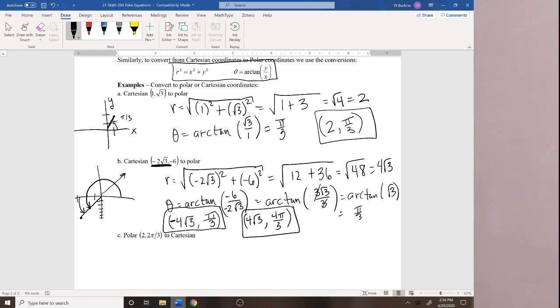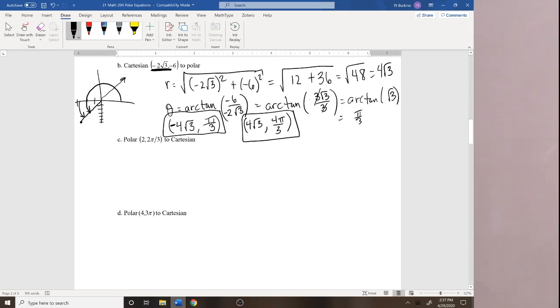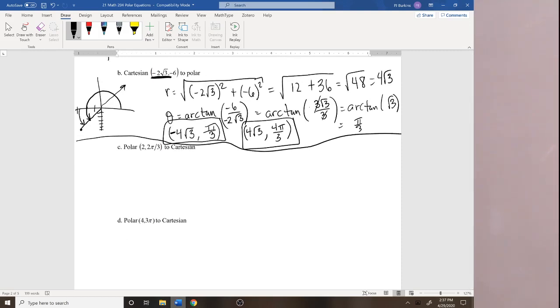I think drawing is the most effective way. I don't know if there's necessarily another way. I guess you could convert it back and see if it gives you the same thing. That's another way you could technically do it. But I think it's pretty easy to figure out what quadrant it's in, and then from there, make sure that both the polar and Cartesian coordinates work.